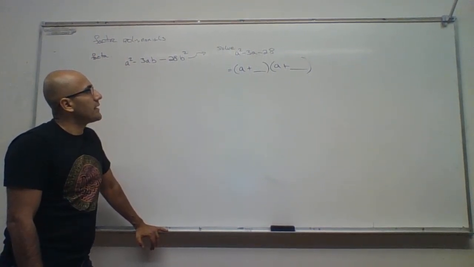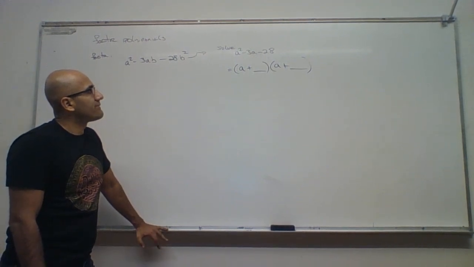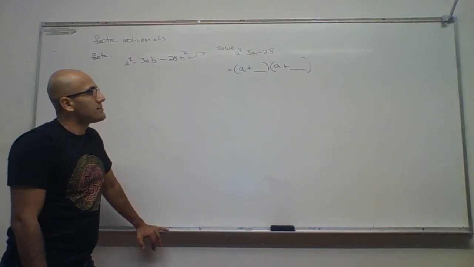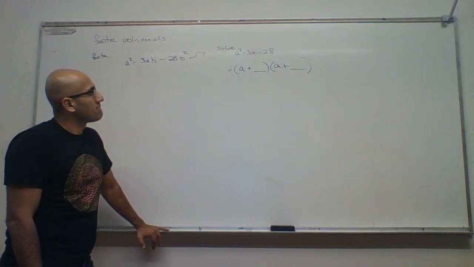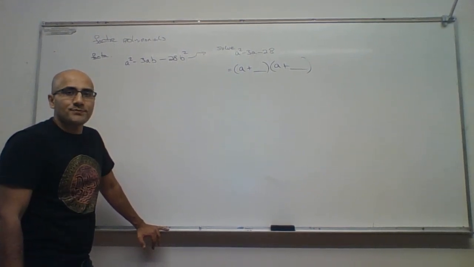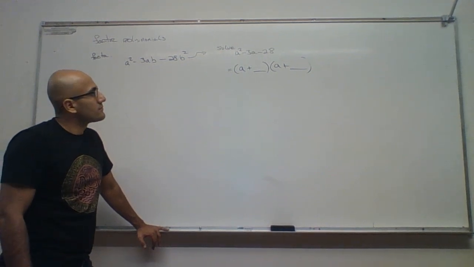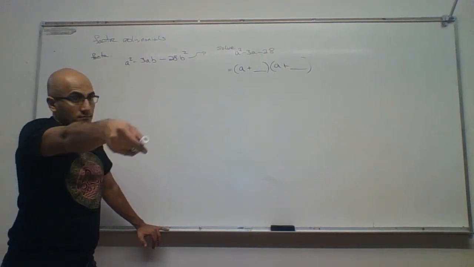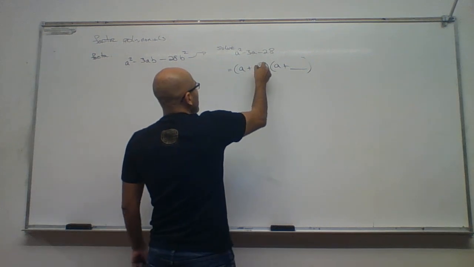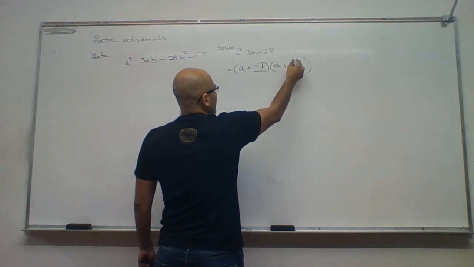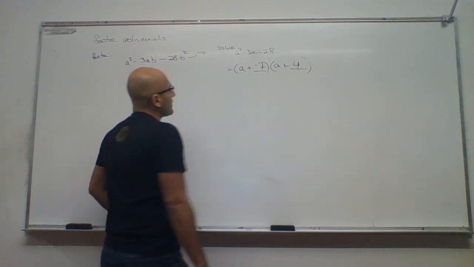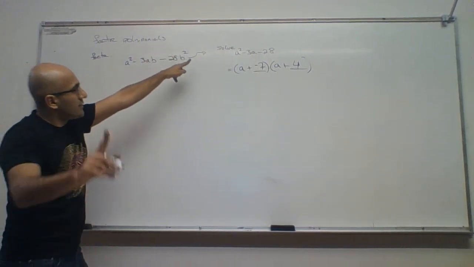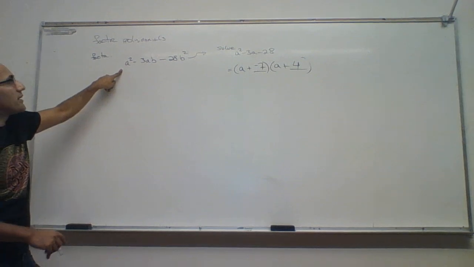Well, what multiplies to negative 28? Negative 7 and 4. They multiply to negative 28. They add to negative 3. We're done. Okay, so that solves that one, except, well, that wasn't the one we wanted.